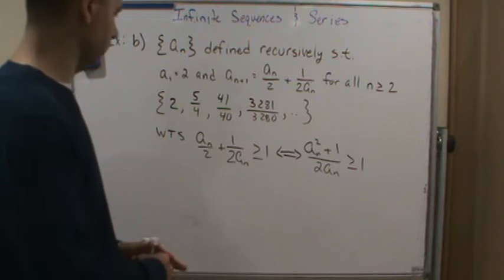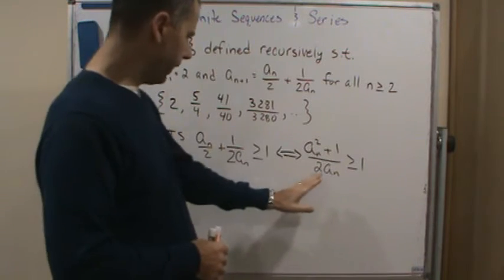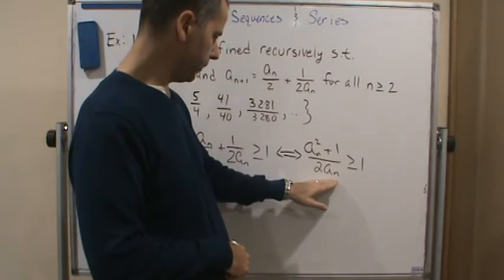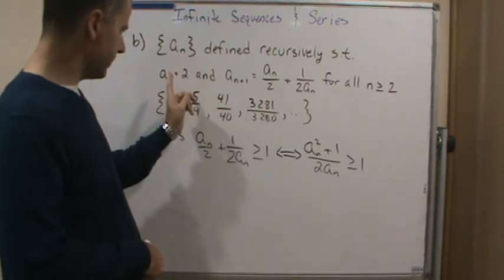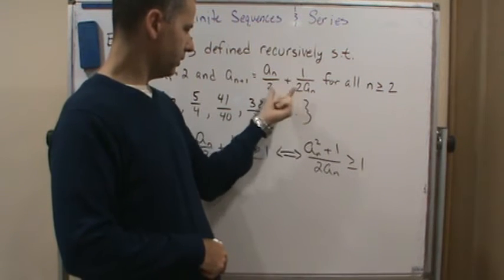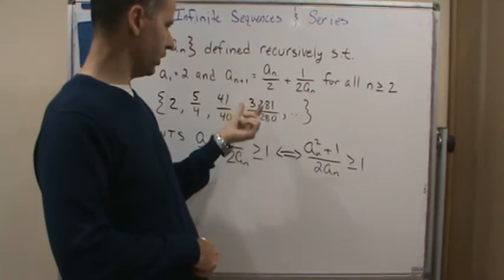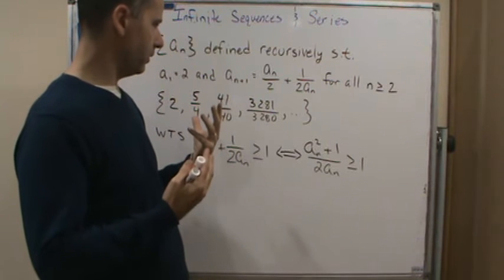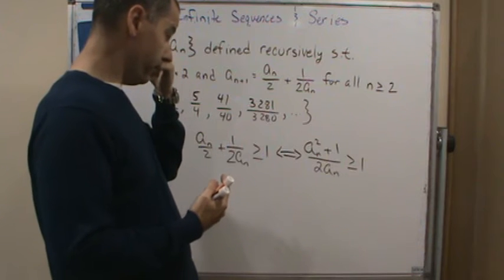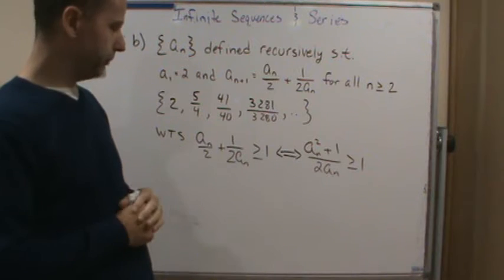Well, this is what we want to show. We know that since a1 is positive and this is the way it's defined, we're taking two positive numbers, so this is going to be positive. Basically every term is going to be the sum of positive numbers. So we know that a sub n is positive for all n greater than or equal to 1.